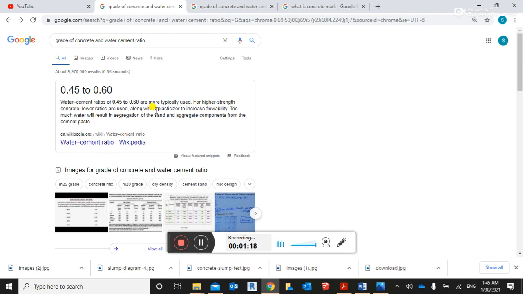Just guys remember, for the concrete, the ratio between water and cement should be 0.45 to 0.60. We should remember these words. Between 0.45 to 0.60 we can use any value. This is water cement ratio, guys.